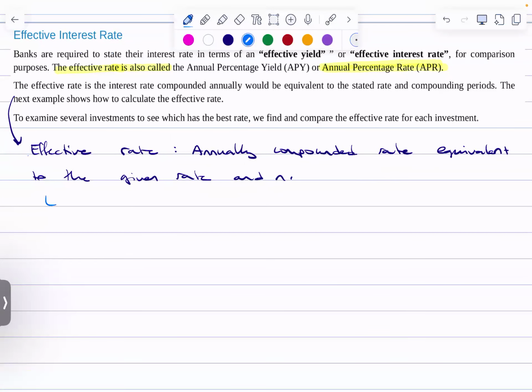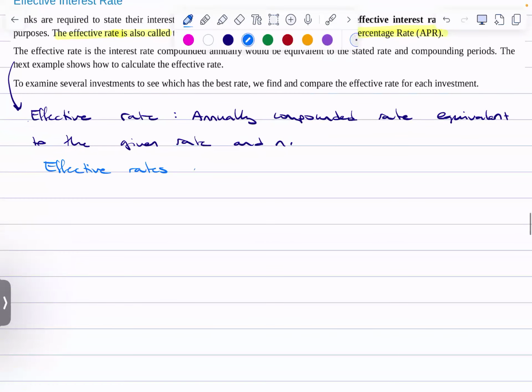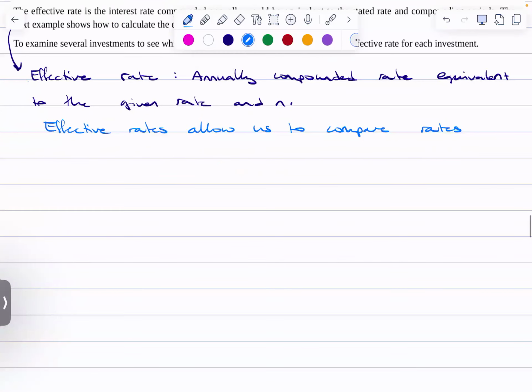Effective rates allow us to compare rates because they are all compounded annually.